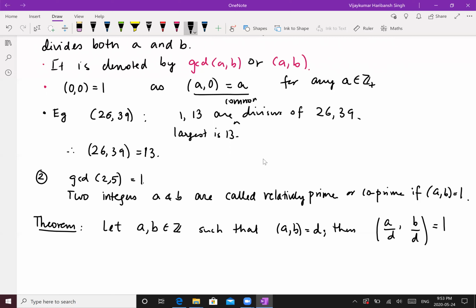But GCD of these two integers is 1; in other words, they are relatively prime, or coprime.